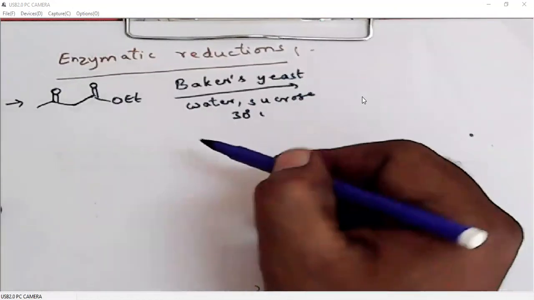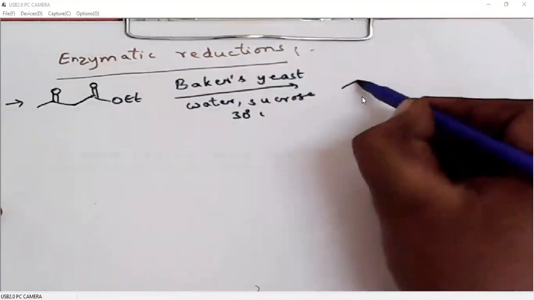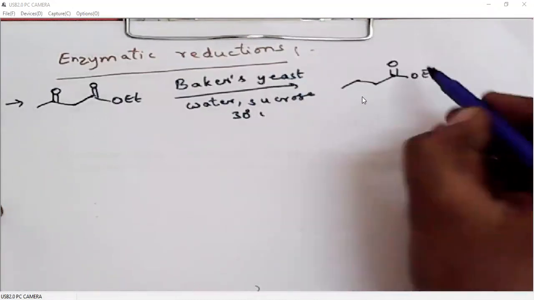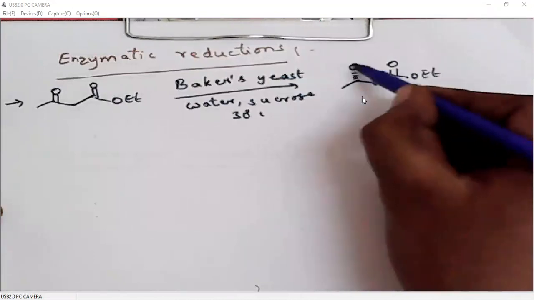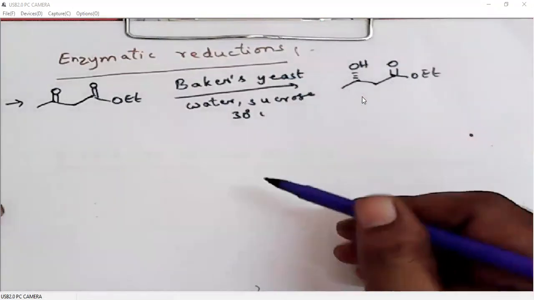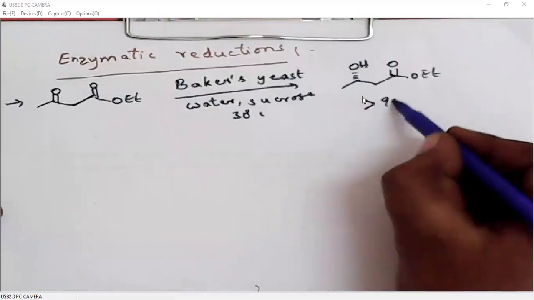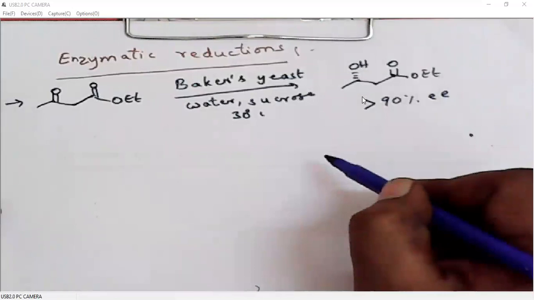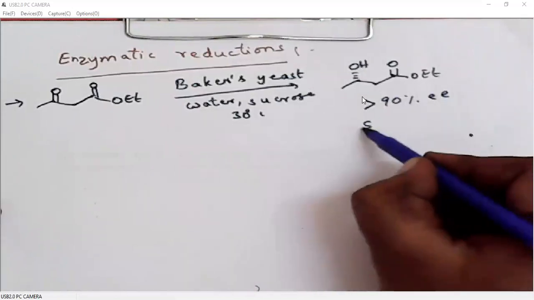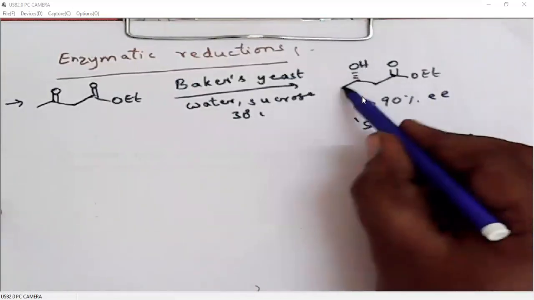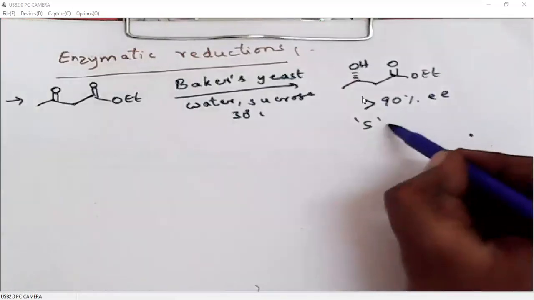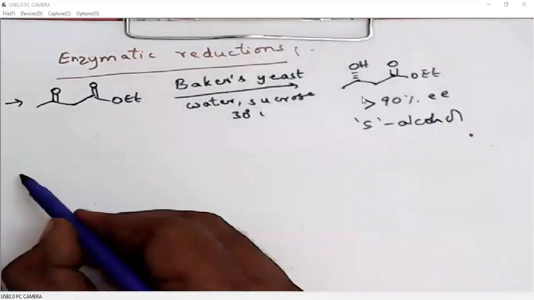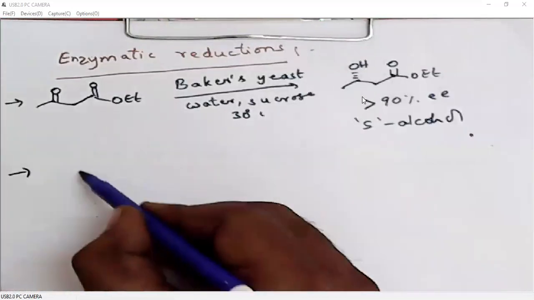When we use Baker's yeast, the alcohol we get is generally the alpha alcohol. Here we will get more than 99% enantiomeric excess. So generally we will say it is the S alcohol. 1, 2, 3, so it should be S. We call it the S alcohol. It is always the S alcohol.